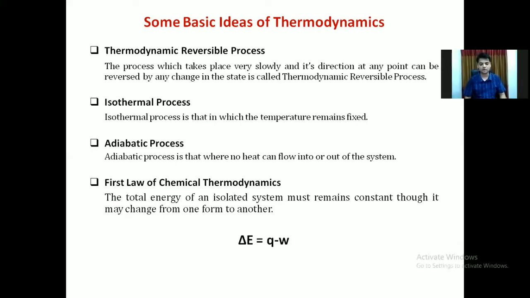Here we can see that ΔE = Q − W, where ΔE expresses the change of energy, Q expresses the transferred heat, and W expresses the work done by the system.